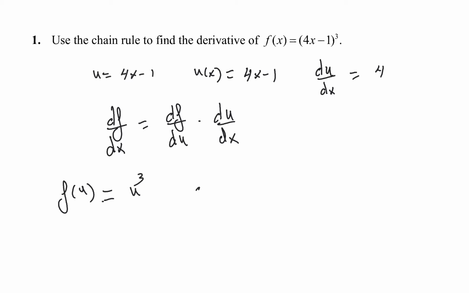What is the derivative of f with respect to u? It is 3u squared. So I have the two pieces. To find the derivative of f with respect to x, I take the derivative of f with respect to u, 3u squared, and multiply by the derivative of u with respect to x, 4, which equals 12u squared, and the problem is solved.